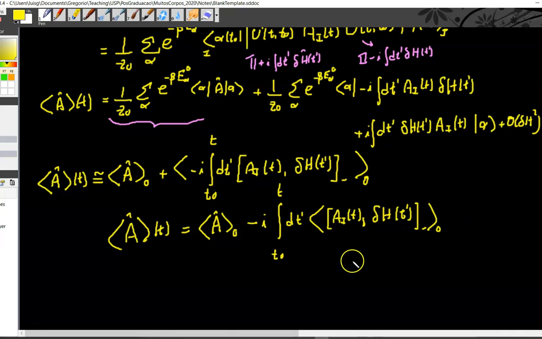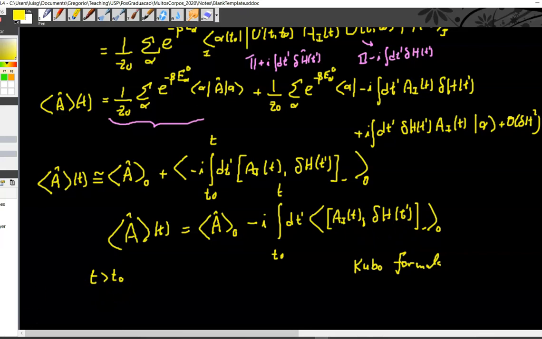And this is the Kubo formula that you want to derive. And of course, this is for t larger than t naught. And t is always larger than t prime, so this is like a retarded correlation function, okay? We'll go back to that. But this is the Kubo formula we want to derive in linear response, only keeping linear terms in delta H.